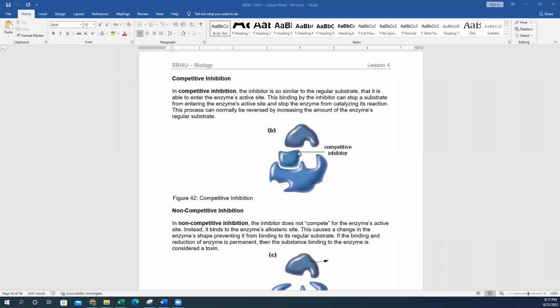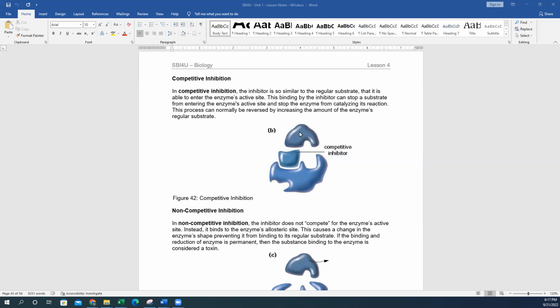For example, this blob here represents the inhibitor, and this blob here represents the substrate. You can see that this inhibitor is very similar to part of this substrate, so that it is able to enter the enzyme's active site.